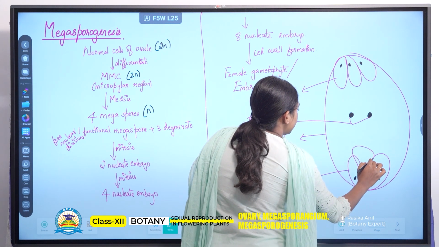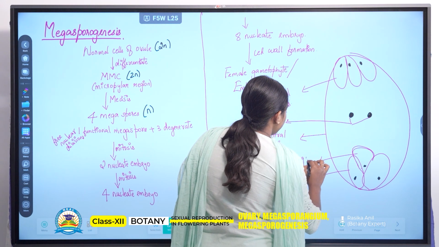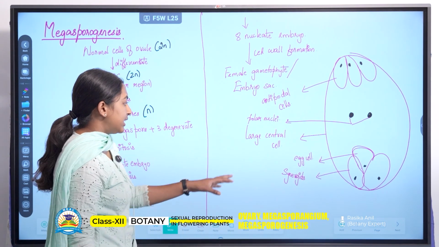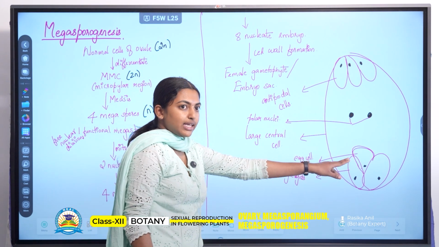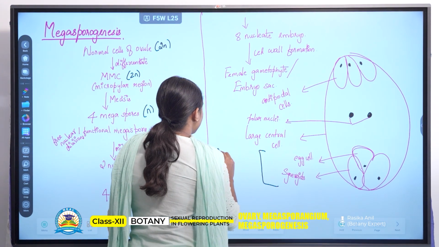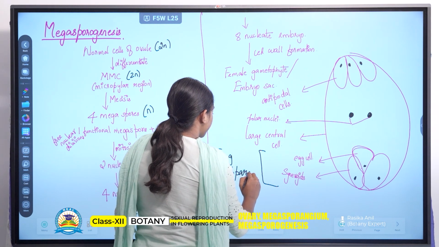And this one cell is your egg cell. Now these 2 synergids and this egg cell together are called the egg apparatus.